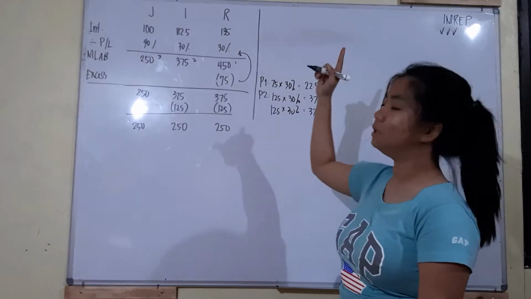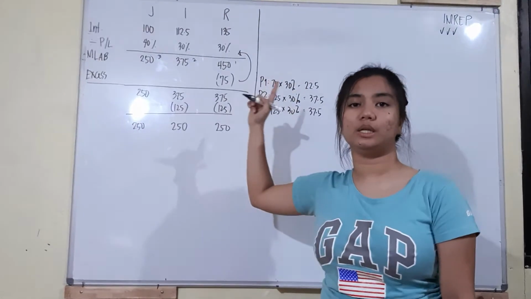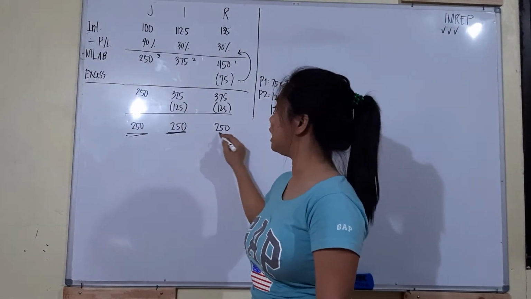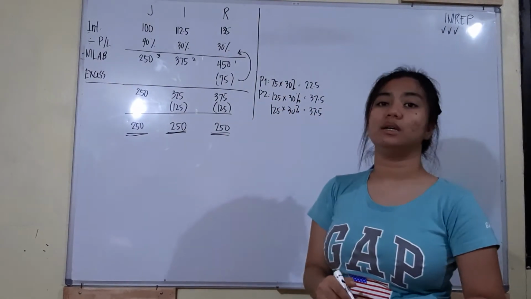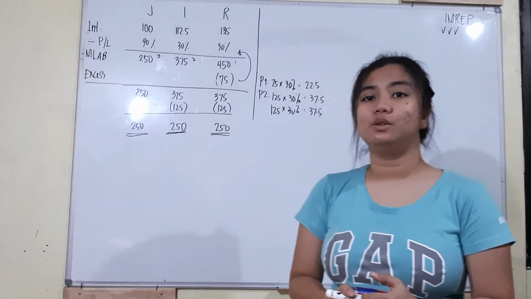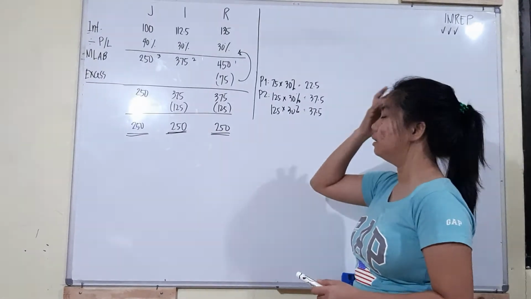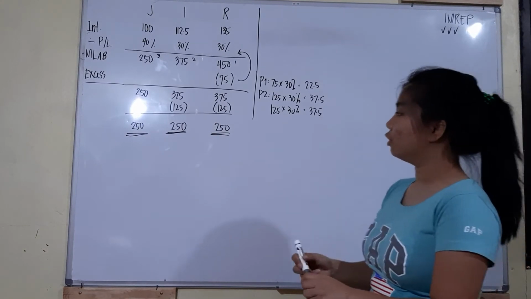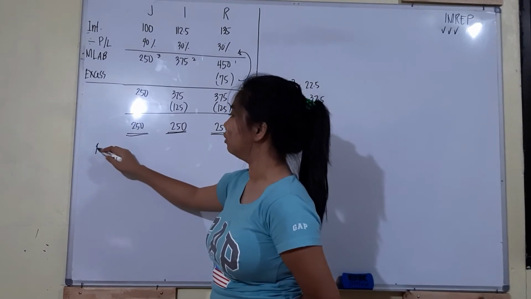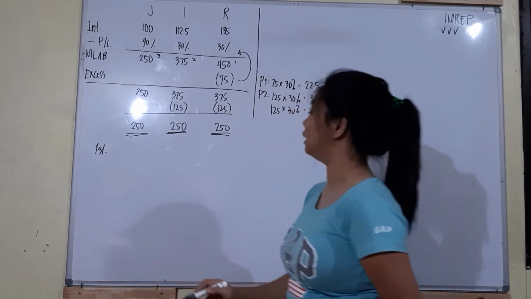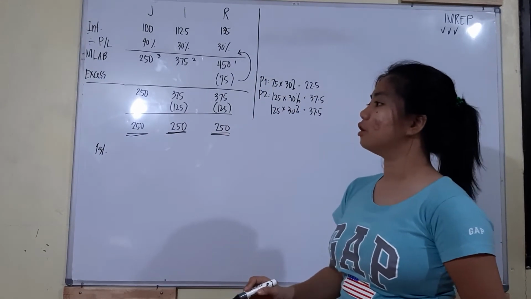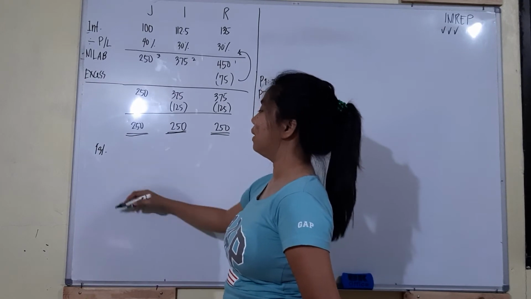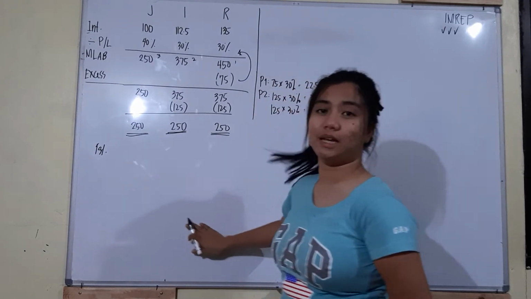Then after satisfying both priorities 1 and 2, dahil equal na silang tatlo, any cash will be divided using the profit and loss ratio. Okay? Maliwanag ha? So, on the first installment, di pa natin natuloy yung kanina, first installment lang yung tinapos natin. We have available cash of 82,500 if I'm not mistaken. Okay?